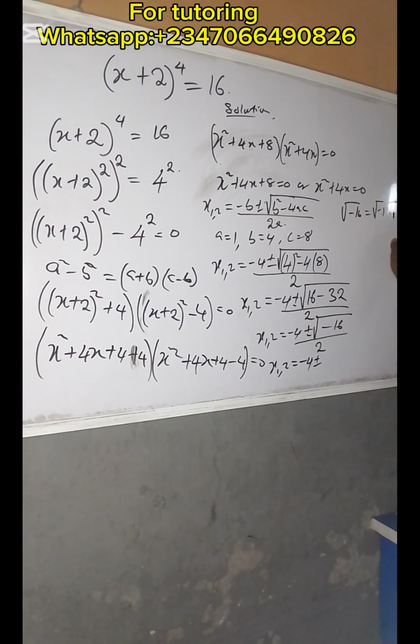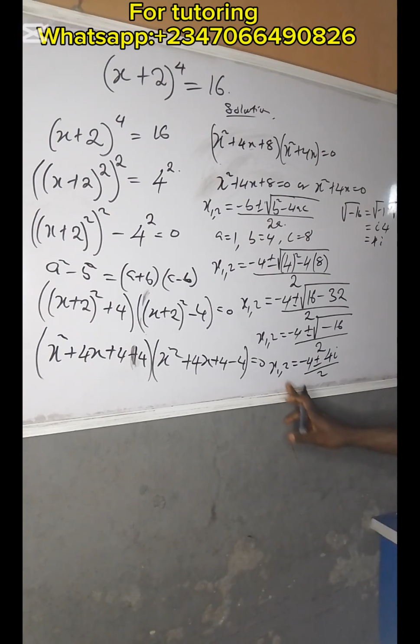The root of 16 is 4, and the root of minus 1 is taken as i, so we have i times 4, which is 4i, all over 2.